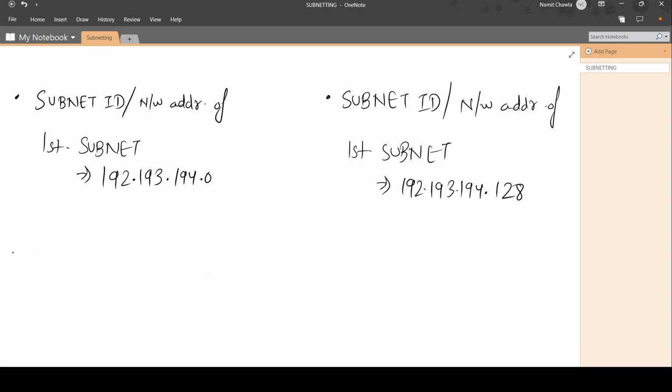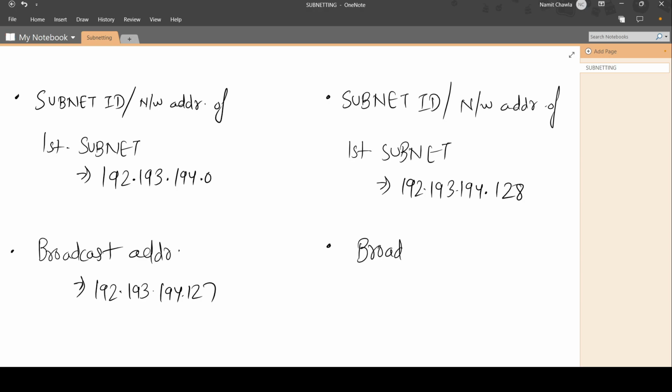Okay, next one, broadcast address. Broadcast address or direct broadcast address, you can call it as per your understanding. So I'll write broadcast address for the time being. Last address was 192.193.194.127. Done. This one, broadcast address 192.193.194.255.